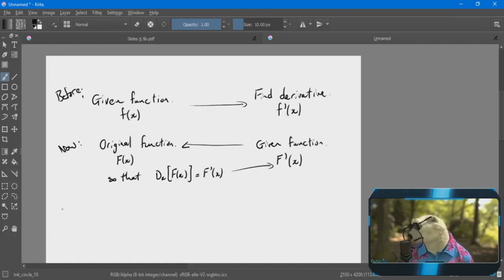So as a very simple example, let's build up in complexity with this concept.